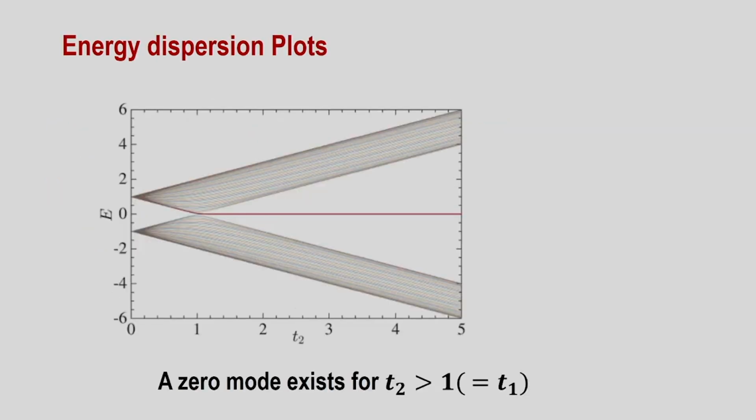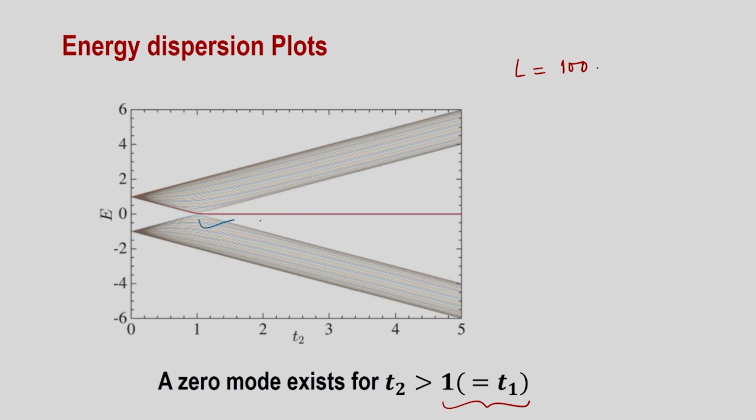So, the energy dispersion, this is in real space for a certain L, that is, we have chosen some value which is say 100 or 200. Say we have 100, and then we have solved it with T1 equal to 1. Okay. So, with T1 equal to 1, you see that there is a 0 mode that is visible. Let me use a color.